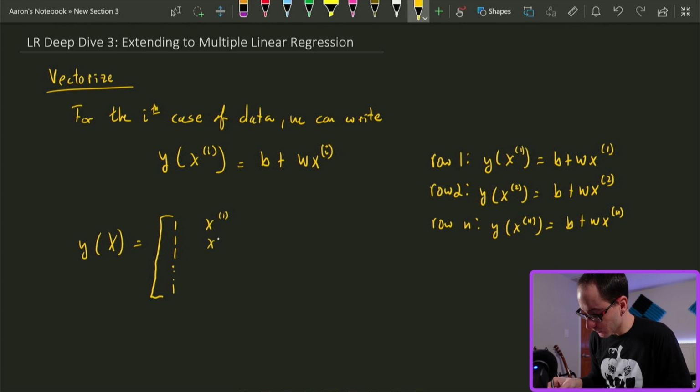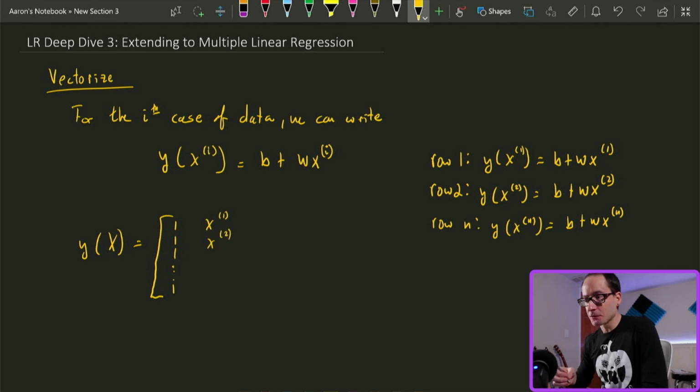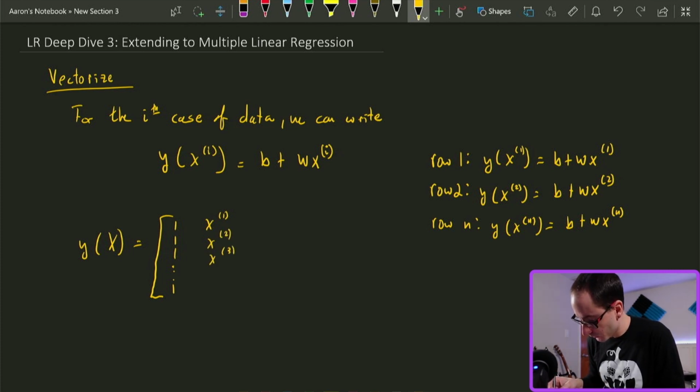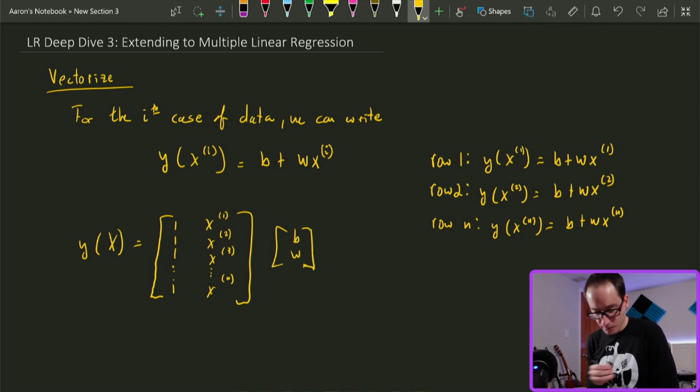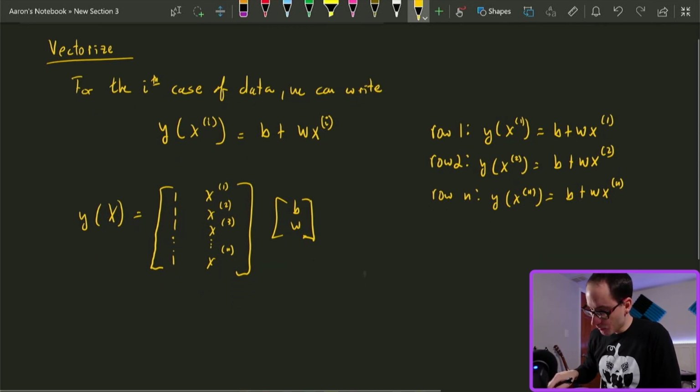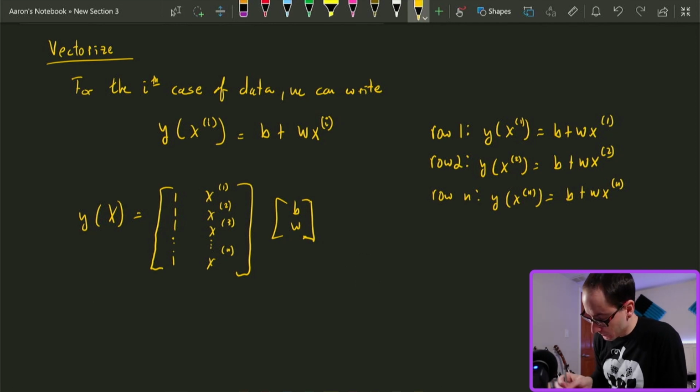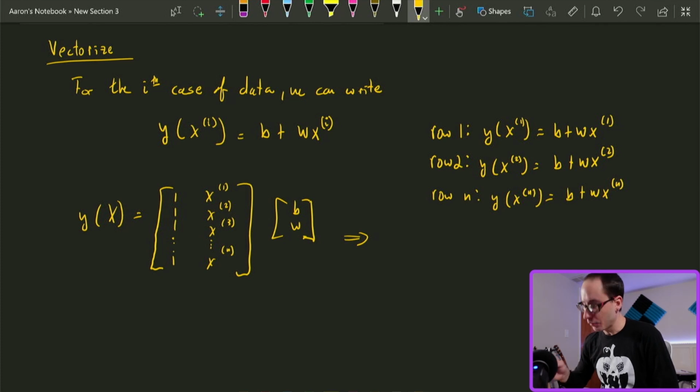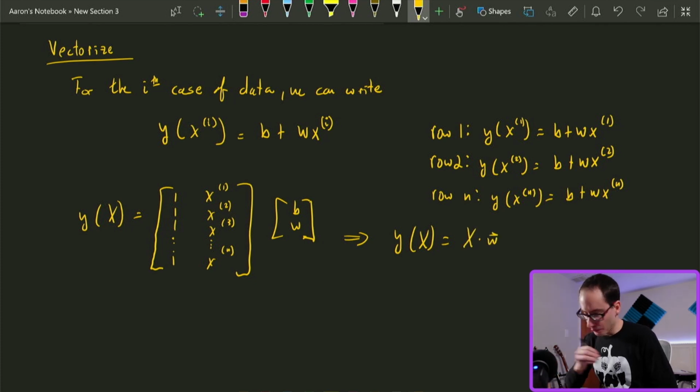So that's x1, that's the x feature in the first row, x2, x3, xn, and then times our b and w vector. So we can write this in matrix notation as that product then, right? So what I'm saying here is we're just getting to write this as y of capital X is just equal to capital X dot W, where that is my vector here.